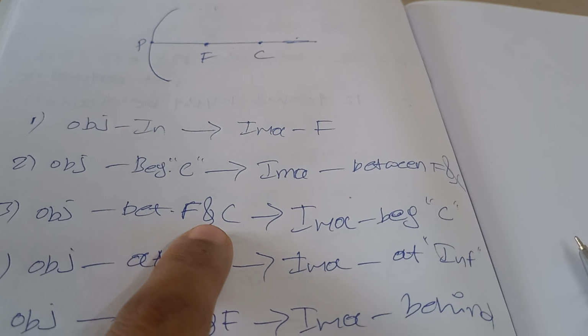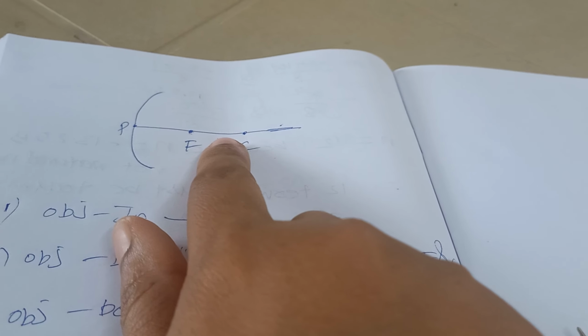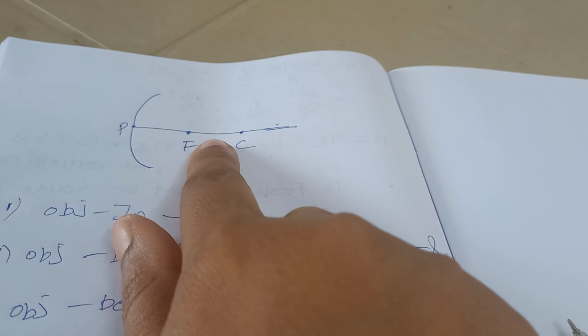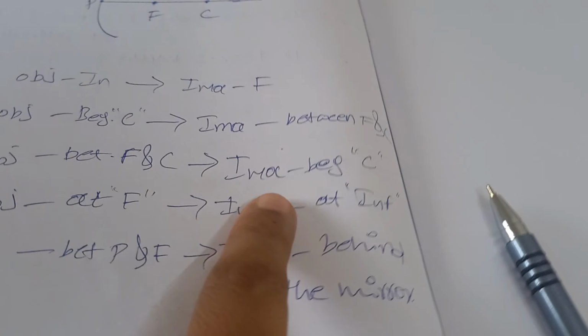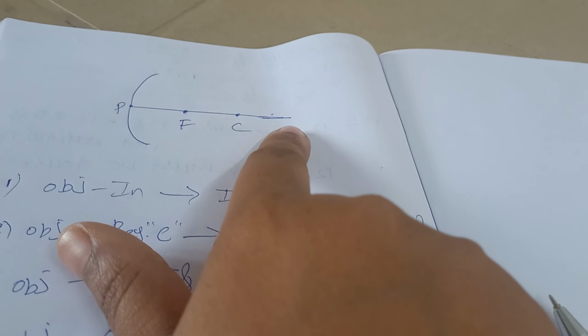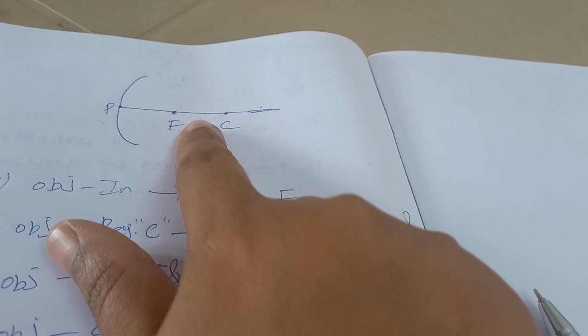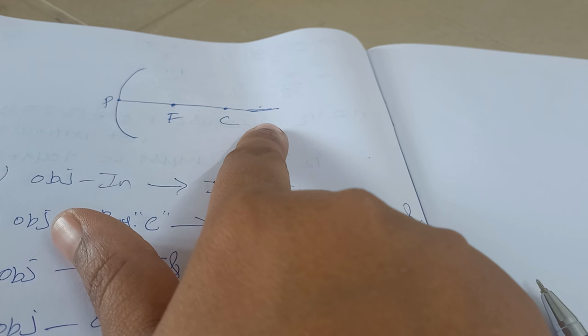Next, in the third situation, the object is between the focus and center of curvature. Then the image is beyond the center of curvature; see here, the image is moving beyond the center of curvature.